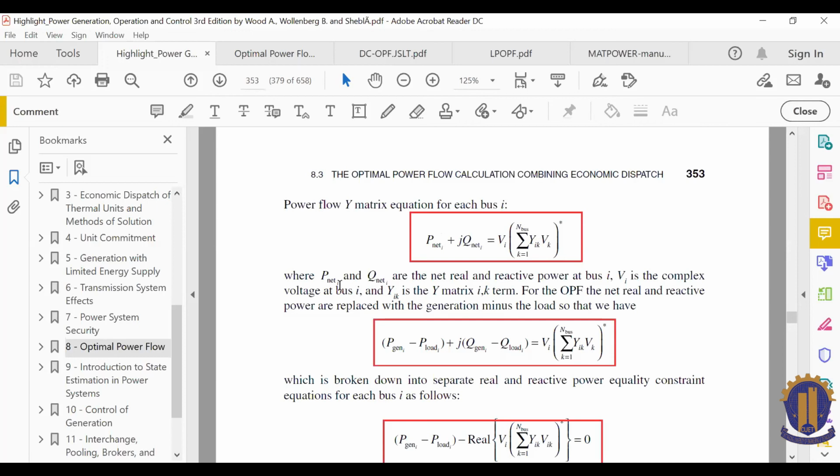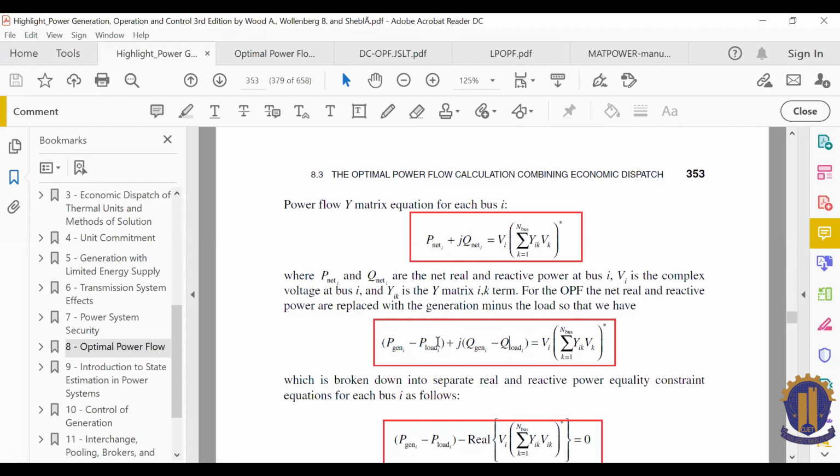So here P net and Q net are the net real and reactive power at bus I. Vi is the complex voltage at bus I, and YIK is the Y matrix element IK. For OPF, the net real and reactive power are replaced with the generation minus the load. In the network we definitely have load, real load and reactive load, tapping power out from the line.